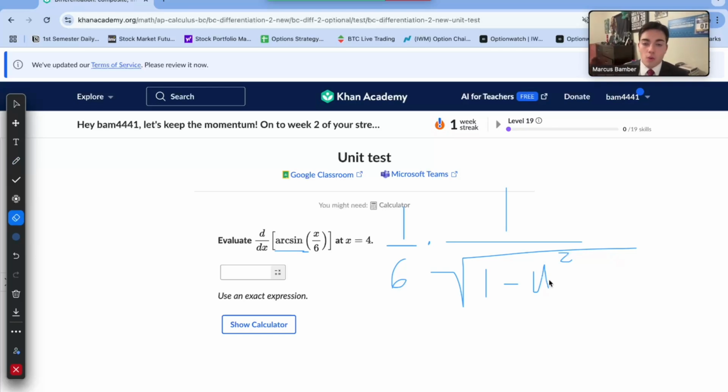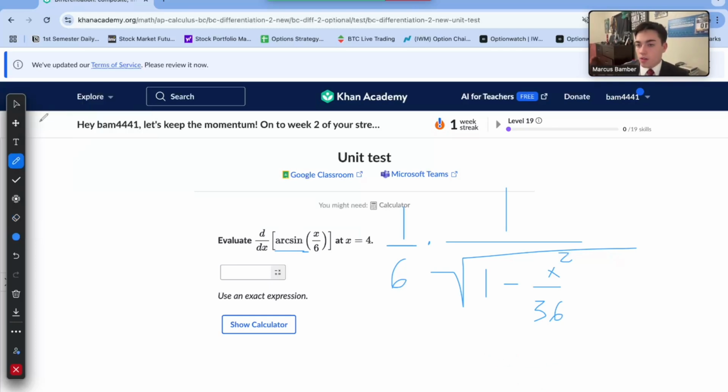X over 6 squared is x squared over 36. So we have minus x squared over 36. Let's simplify this when x is equal to 4. Okay, when x is equal to 4, we have 1 minus 16 over 36. Let's first simplify this fraction, which is 8 over 18, which is 4 over 9. So we have 1 minus 4 over 9, which is 5 over 9.